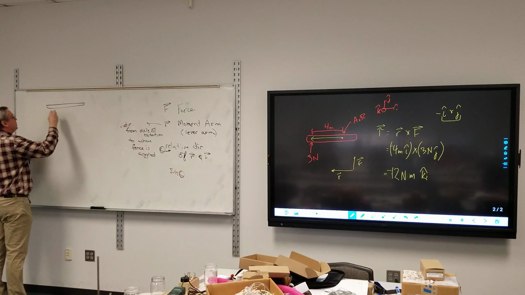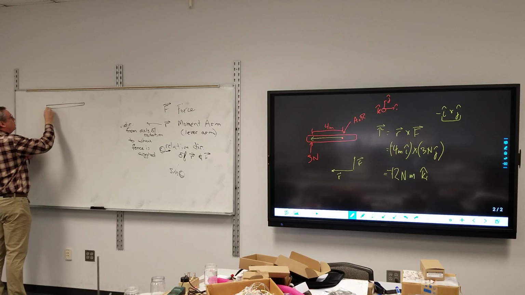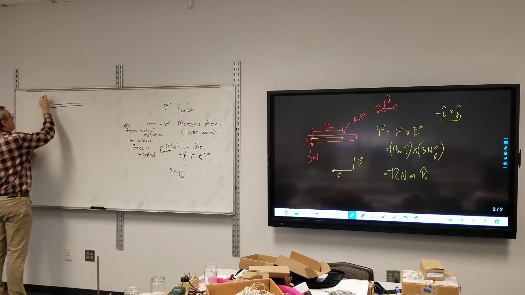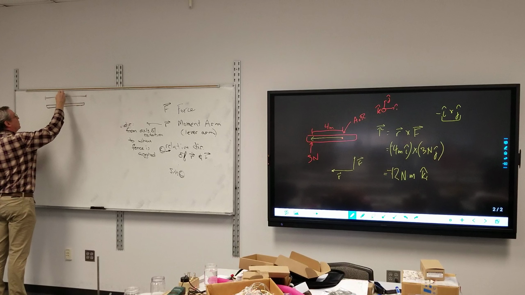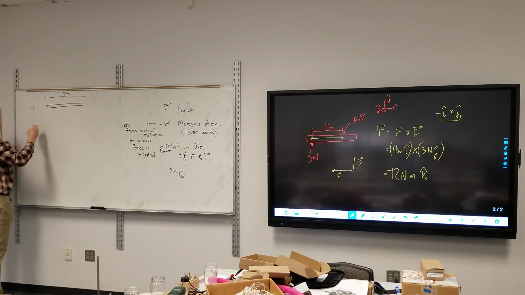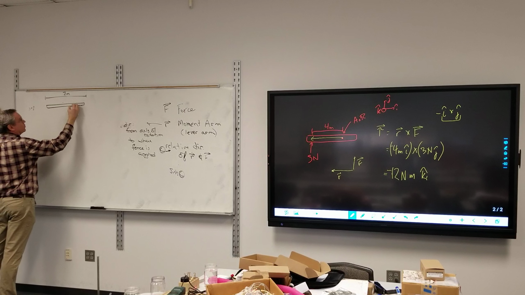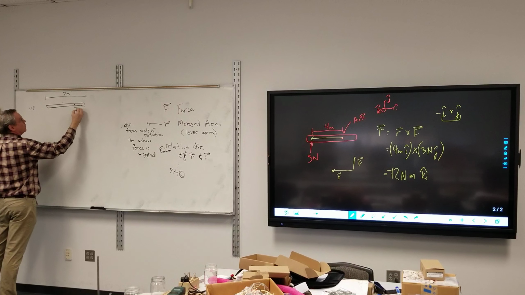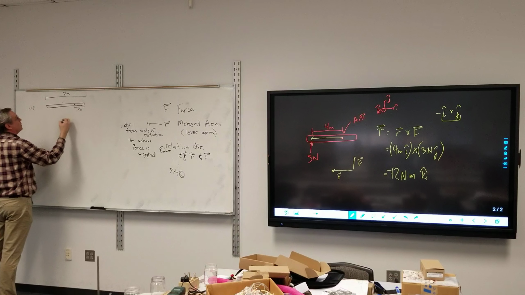Long thin rod. Meters long. Let's give it a diameter of 0.1 meters. Axis of rotation here, we'll make this 1.5 meters.